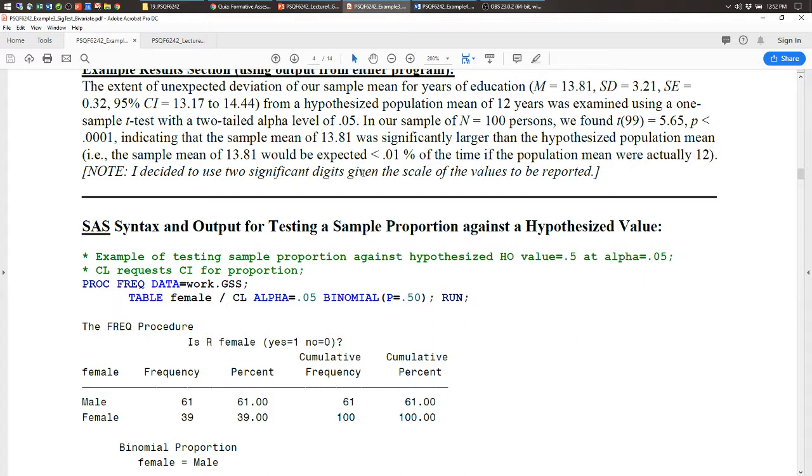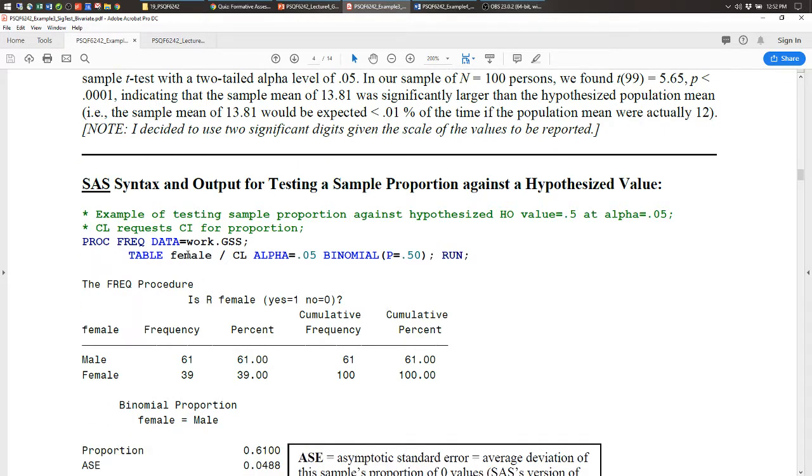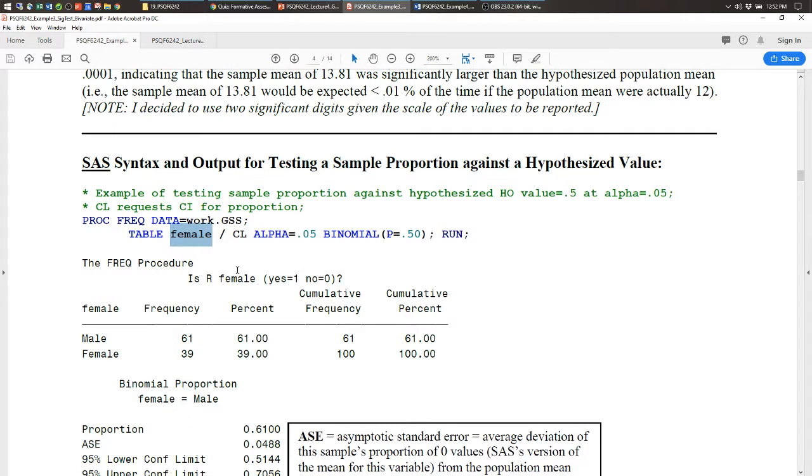Just to remind you, the default behavior of SAS and Stata is different in this regard. This is the data set where we had a variable called female, coded 0 is male, 1 is female. In SAS, the default behavior is to test the proportion of zeros, which would be males in this case.